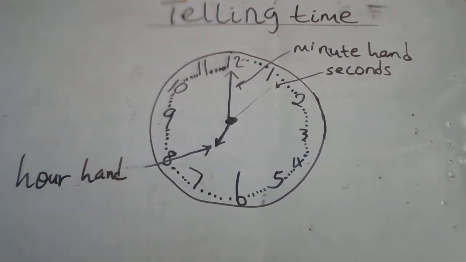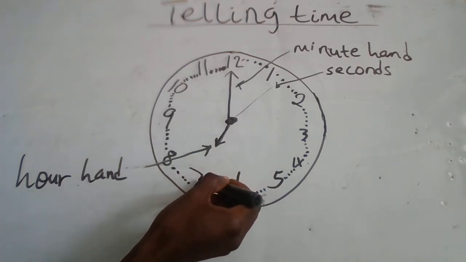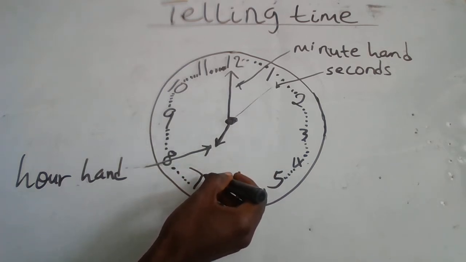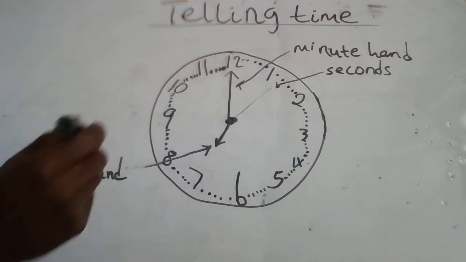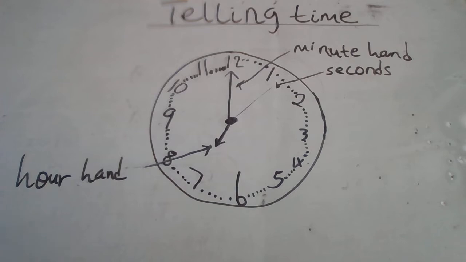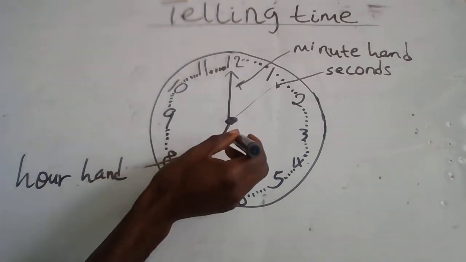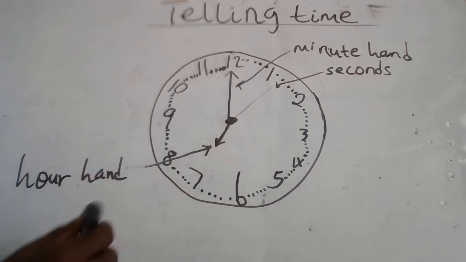If you're able to understand it, it also helps you better understand how you can tell the time. Now, anytime that you see the short hand at a digit, and you see the long hand pointing exactly at 12, you should know that that is the time at that moment. For example, at this moment, the time on this clock is 7 o'clock.